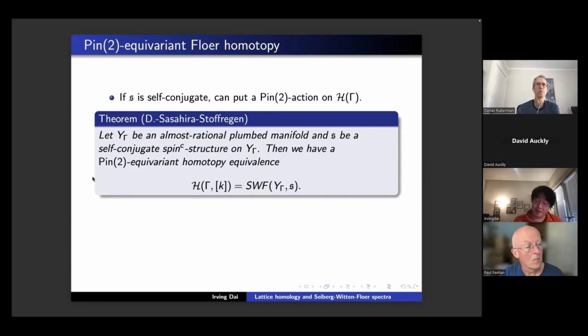It's not necessarily Pin(2)-equivariant if the plumbing is not spin. You have to do some hard homotopy theory to prove that in the latter case, the map can be isotoped to be Pin(2)-equivariant. So I'm going to gloss over this, but we do have the result also in the Pin(2) category. It requires a significant amount of work on top of the idea that I've told you about. Okay. All right.